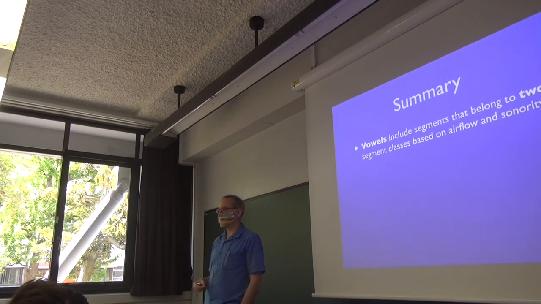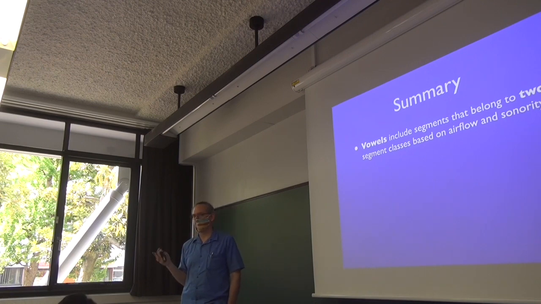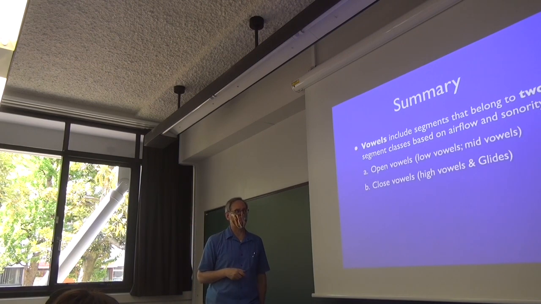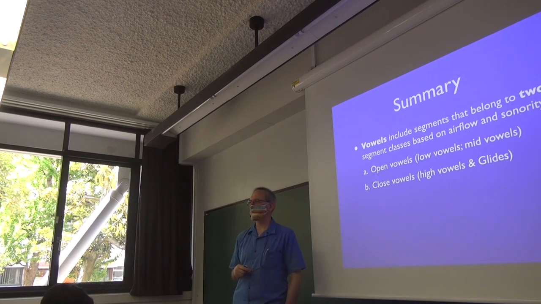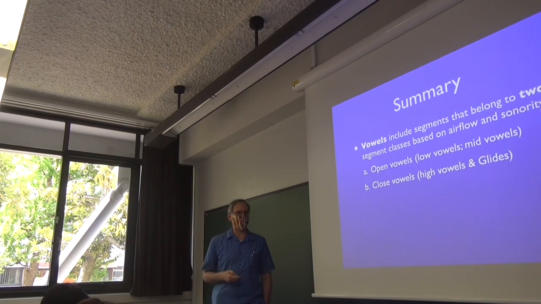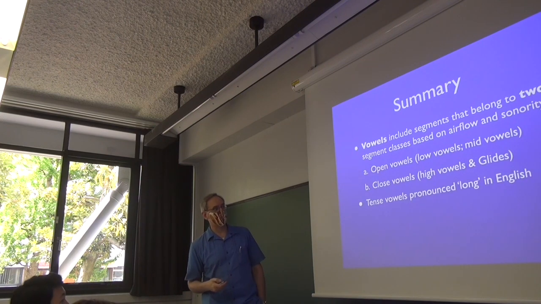So just to briefly summarize up till now, we've seen that vowels include segments that belong to two segment classes based on different degrees of sonority. This was the point I made at the beginning. We have the open vowels and the close vowels. Close vowels do not belong to the segment class of vowels. They belong to the segment class of glides.